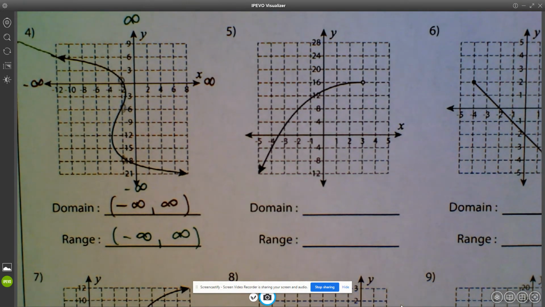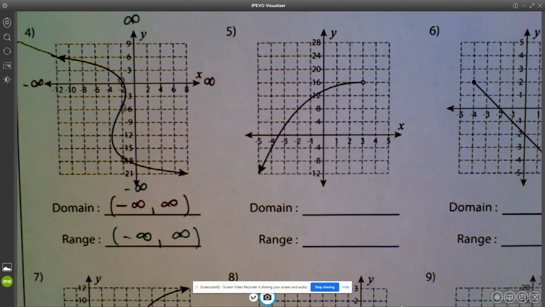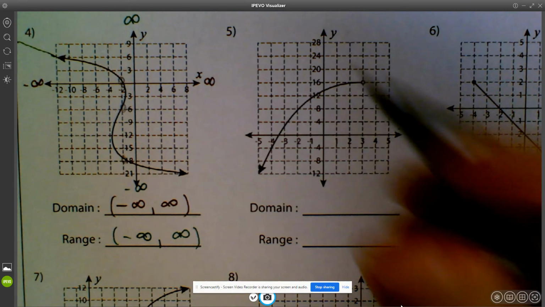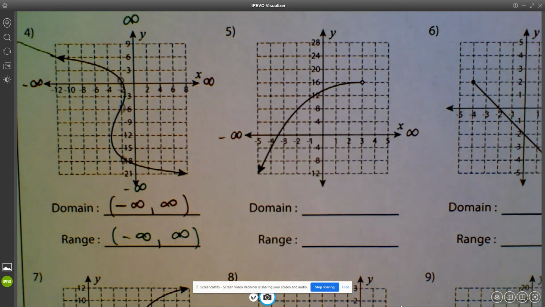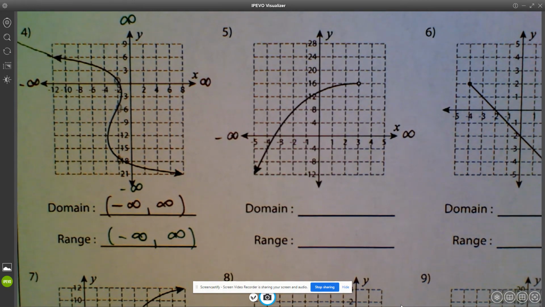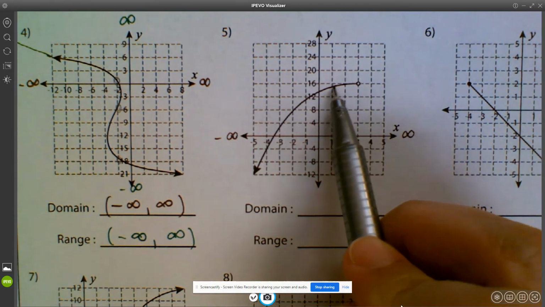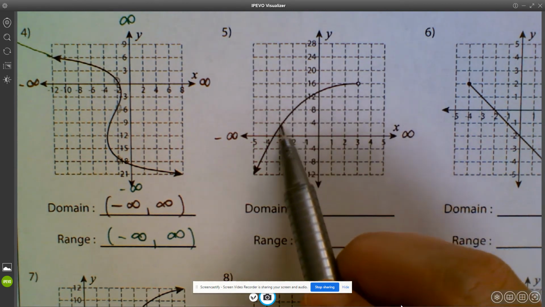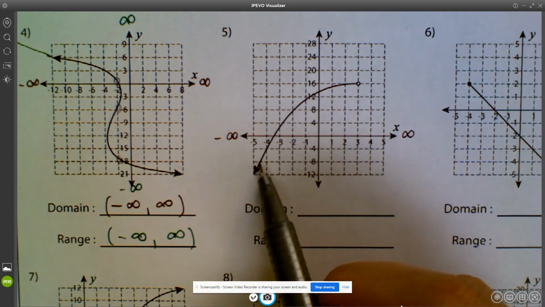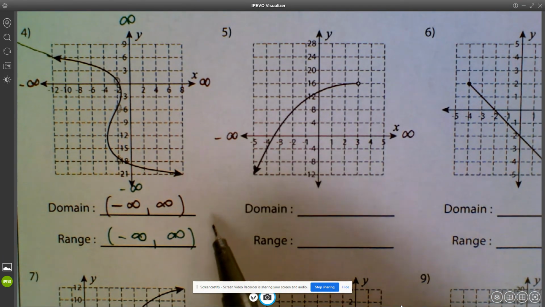Now let's look at number 5. All right. So this is my graph to find the domain. Let me put my little reminders. I keep forgetting to put these. I keep reminding myself to put my reminders. All right, how far to the left does this graph go? Well, it's going to go to x equals 0, x equals negative 2, x equals negative 4, x equals negative 5, x equals negative something, and more negative somethings.